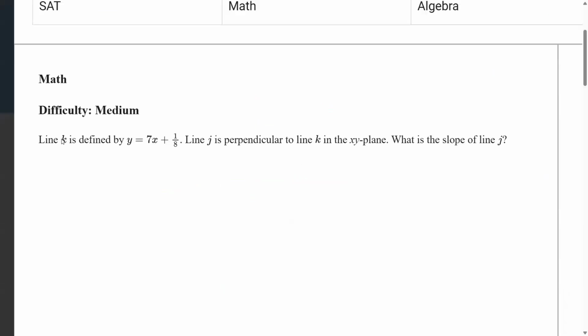Line k is defined by y equals 7x plus 1 over 8. Line j is perpendicular to line k in the xy plane. What's the slope of line j?